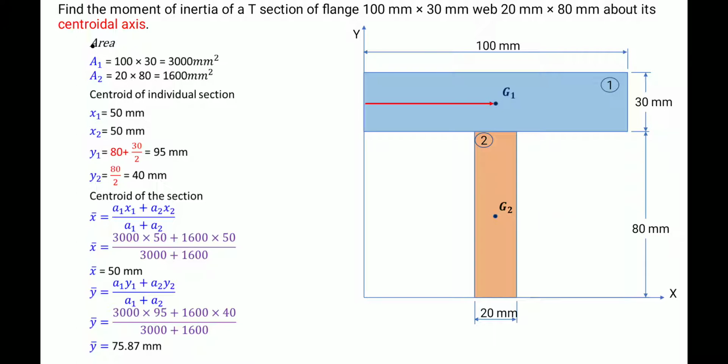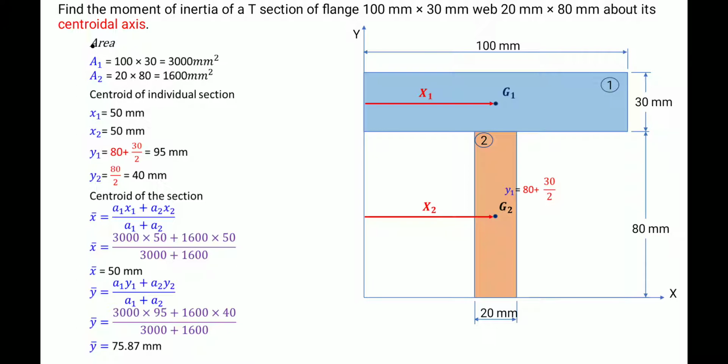x1 means this distance along the x-axis, taken from the y-axis. It is the middle point of the section, so 100 by 2, that is 50. This is x1. Then x2 is the distance from the y-axis, which is also 50 mm.